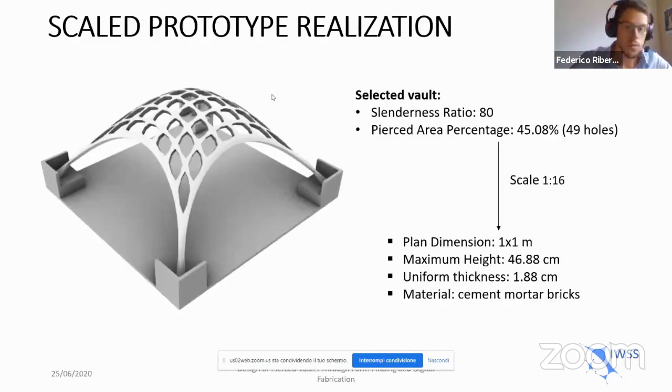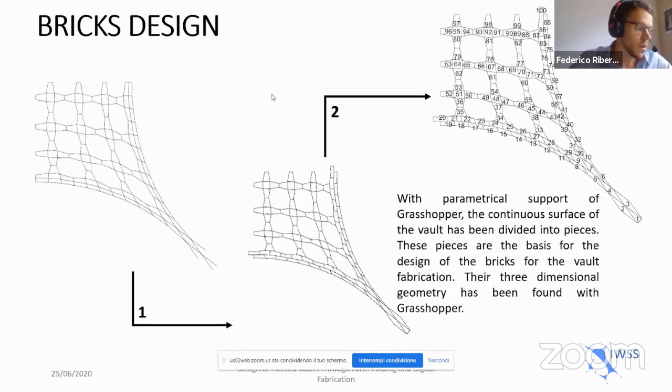To validate the results of the analysis, one of the most pierced vaults designed has been chosen to be realized as a scaled prototype. With the parametric support of Grasshopper, the continuous surface of the vault has been divided into pieces. These pieces are the basis for the design of the bricks for the vault fabrication.